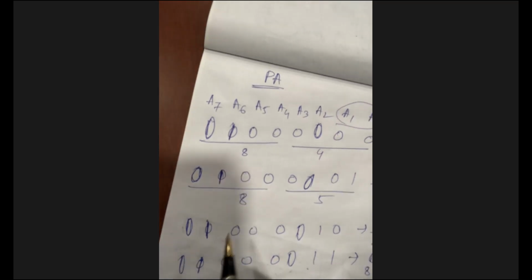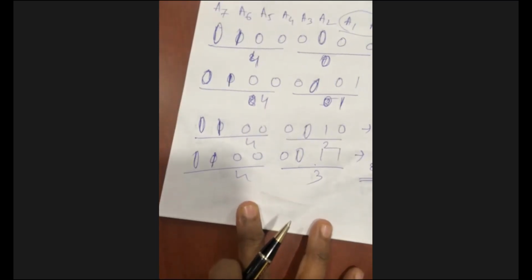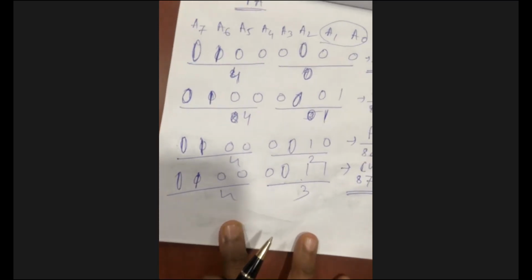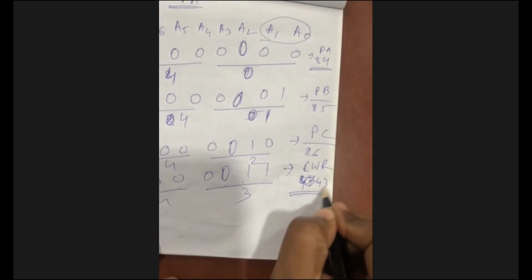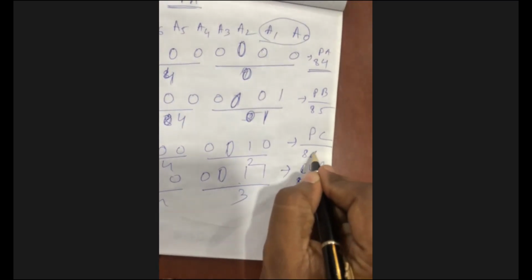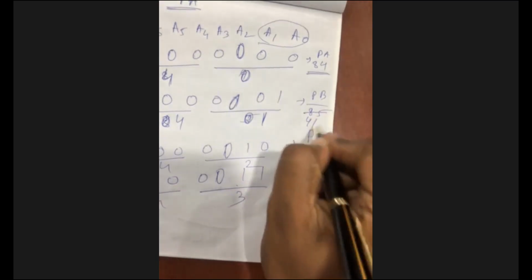So what will be the value? It's a 4, 41, 42, 43. So port B is 43, port A 41, 42.